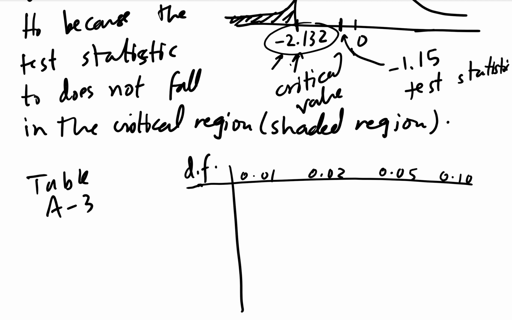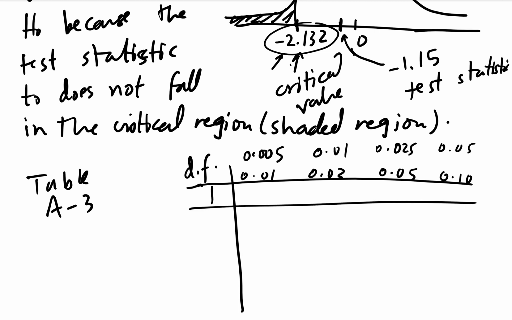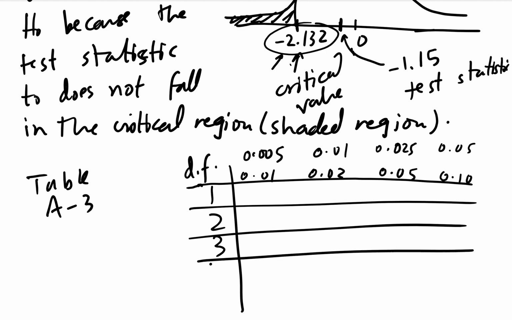Those are for two tails, but if we're doing one tail it's going to be up here: 0.05, 0.025, 0.01, 0.005, like that. So here they have 1, 2, 3, 4, 5. These are degrees of freedom.